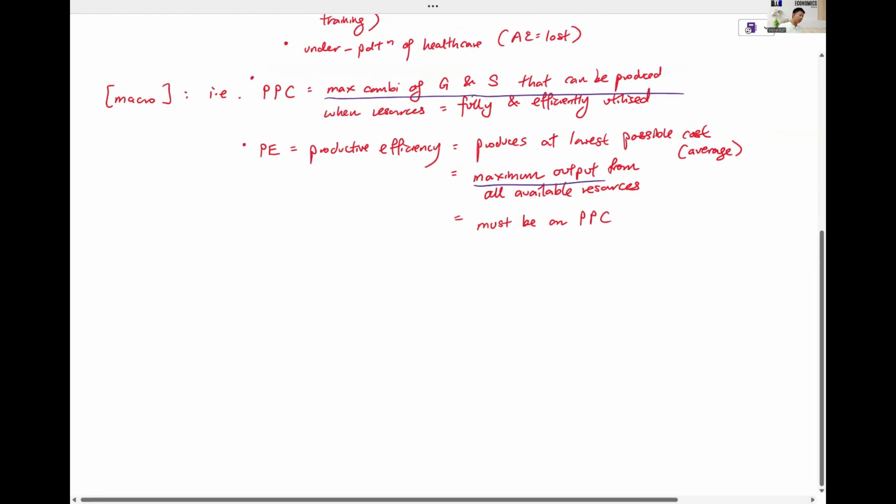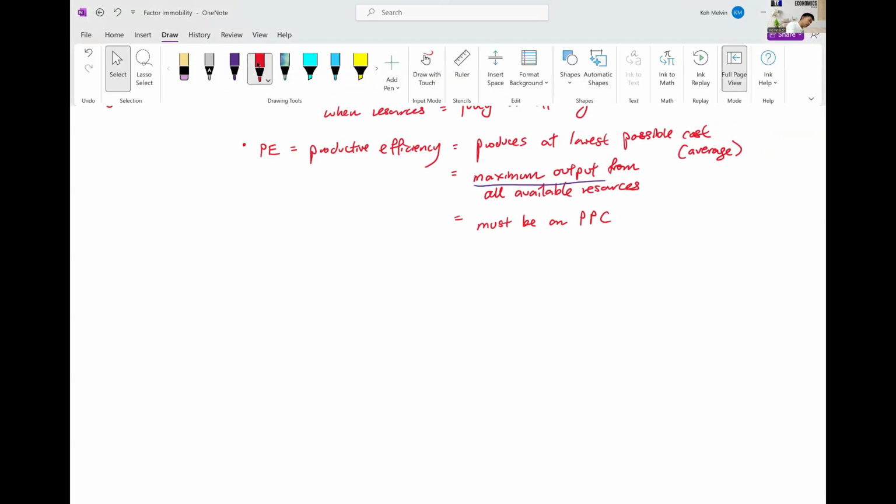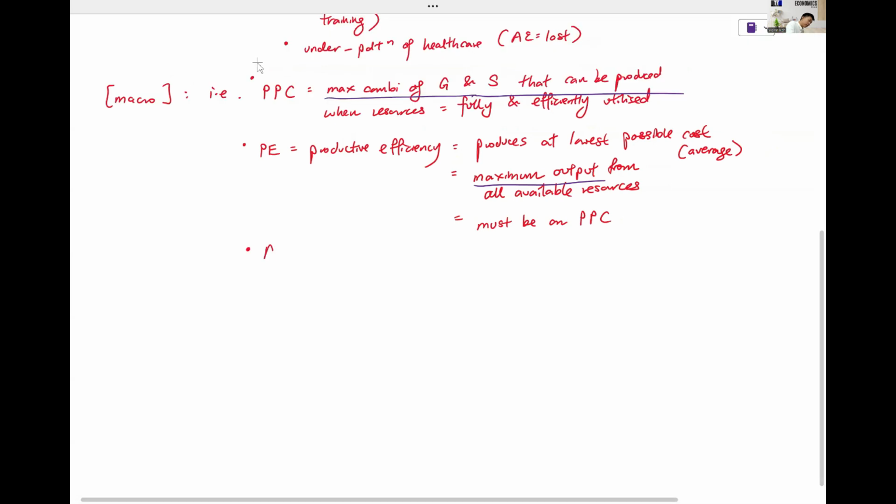So this is productive efficiency. Okay. Anyone remembers how to look at AE from your PPC? Very close.